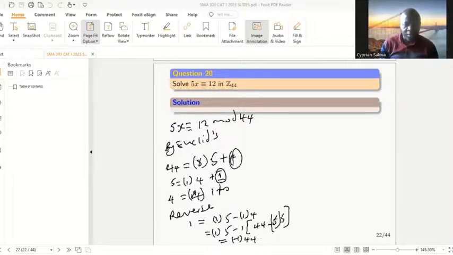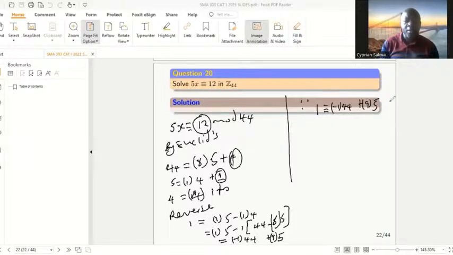And this will be positive 8 plus 1, which will be positive 9. So what do we have? We have 1 is equivalent to negative 1 times 44 plus 9 times 5.